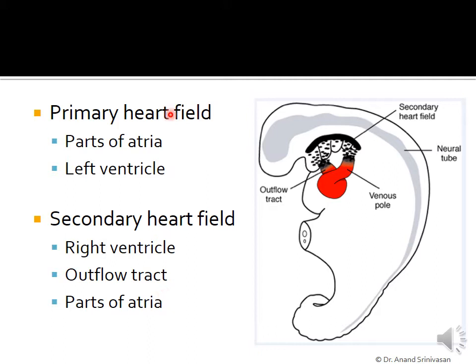So the primary heart field gives rise to parts of the atria and the entire left ventricle. The secondary heart field gives rise to the right ventricle, the outflow tract, and parts of the atria. The outflow tract is nothing but the truncus arteriosus.